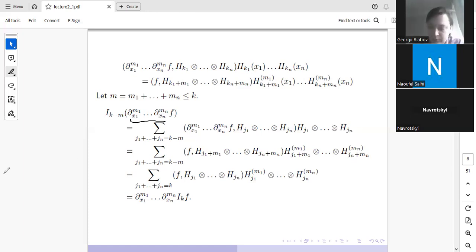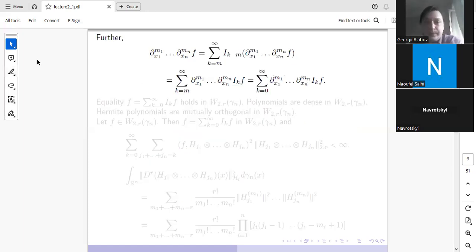And now we can get the expansion. The last equality is true because if k is less than m, then the derivative of order m of I_k f will be 0.